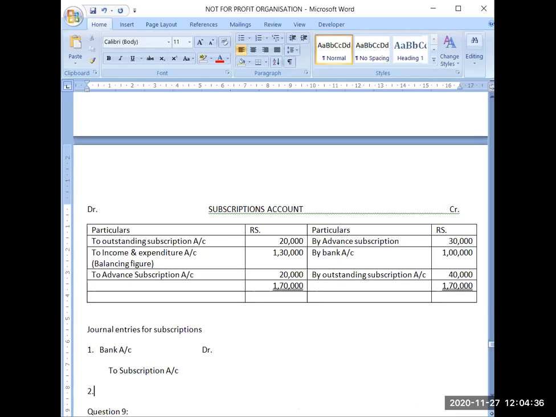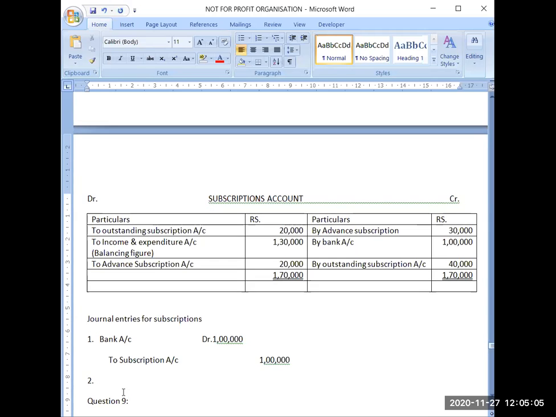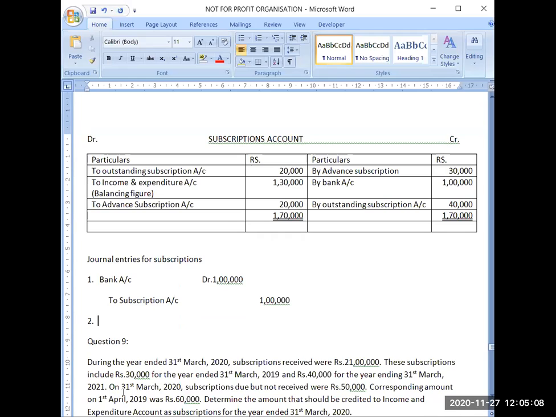Then at the end of the year, suppose I have received rupees 1 lakh in the current year. Let's do the question with journal entries so that you will be able to understand these things. Now at the end of the year, I realized that rupees 10,000 I have not received. Then it will become outstanding subscription for current year. Am I correct? Keep responding so that I will be able to explain you these things.